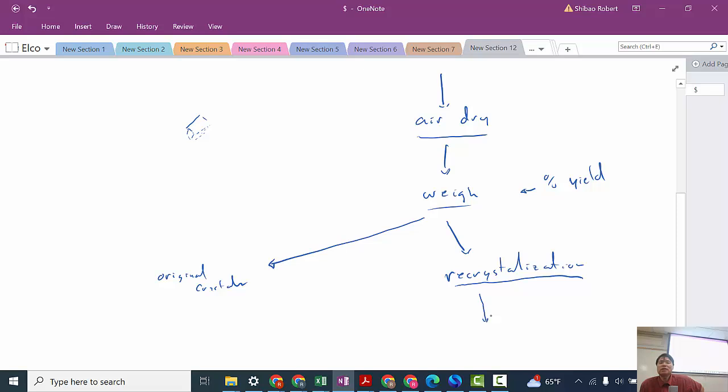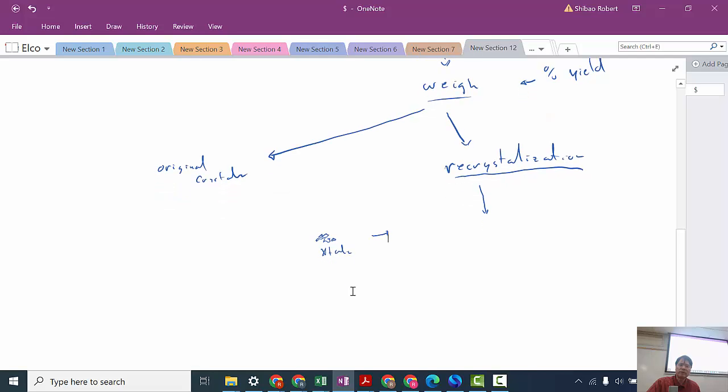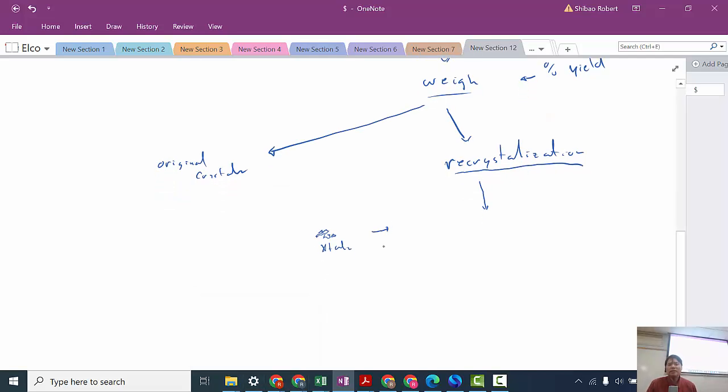So in recrystallization, we'll take some of the crystals here, and then Xtals is usually what people use to abbreviate, and then just dissolve it in a minimum of DI water.